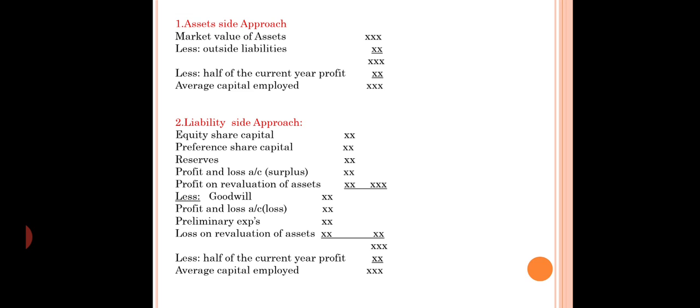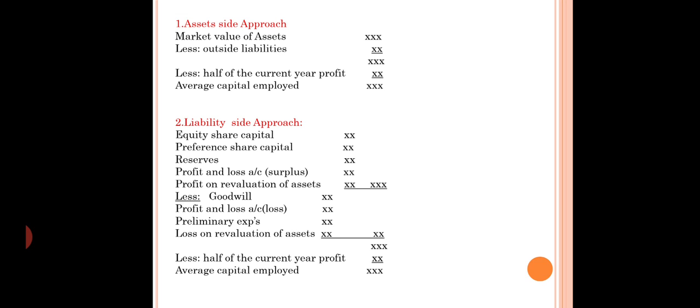These are the hints for calculation of average capital employed. After deducting the outside liabilities, you have to deduct half of the current year profit. The latest profit is given here, and 50% of that is to be deducted, and whatever balance is available is called the average capital employed under the asset side approach.